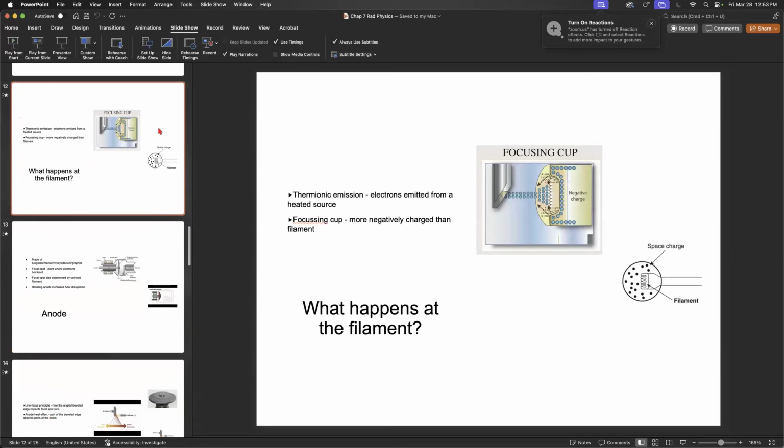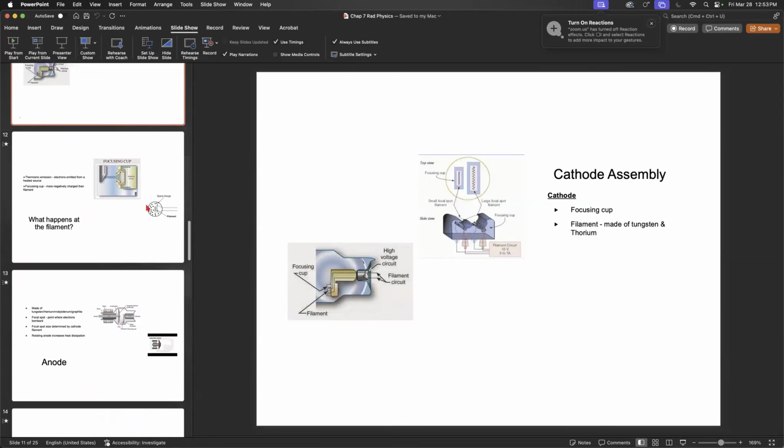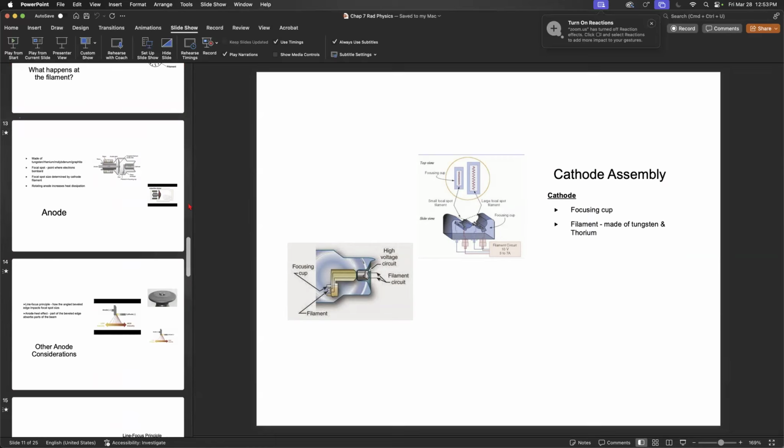Yes, we covered everything. Before I move on, notice we're building a story here. We talked about the atom at the beginning. Then we talked about electrons and the atom configuration with subatomic particles. Then we talked about a circuit in basic form, a series circuit, a parallel circuit. We moved from that simple circuit to the X-ray circuit as a whole, with a primary, secondary, and filament circuit and so on.